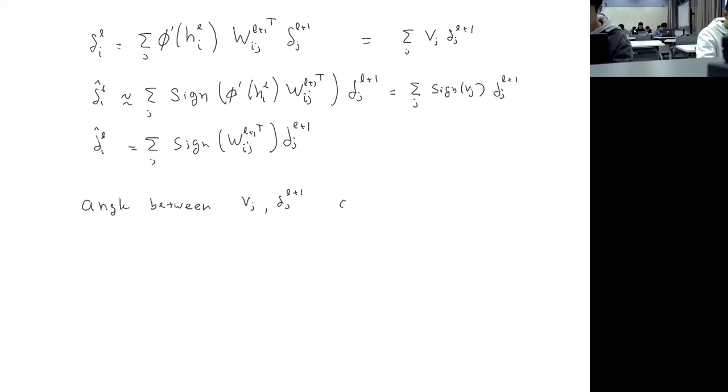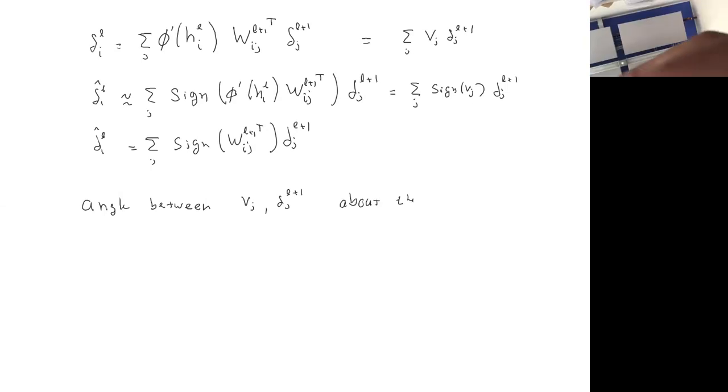About the same as the angle between Vj and delta J L plus 1. Oh, sorry.